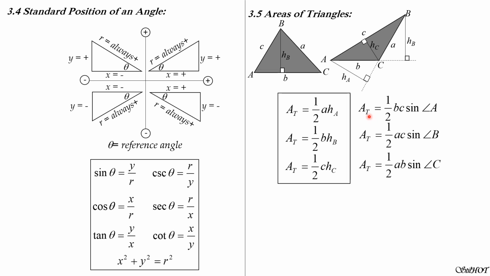Another formula for the area of a triangle would be 1/2 BC sine angle A. Take note that B and C are adjacent sides, and the angle between these sides is A. So it is 1/2 the product of the adjacent sides times the sine of the angle between them: 1/2 AC sine angle B, 1/2 AB sine angle C. To prove this, from the area of triangle 1/2 B h sub B, in this right triangle h sub B is a leg and C is the hypotenuse, and the angle is A, so h sub B is C sine angle A. So it comes from 1/2 base times height.